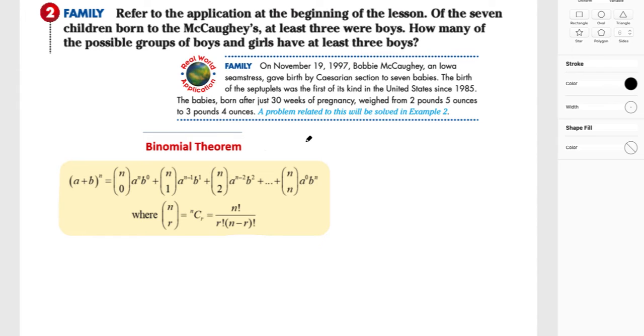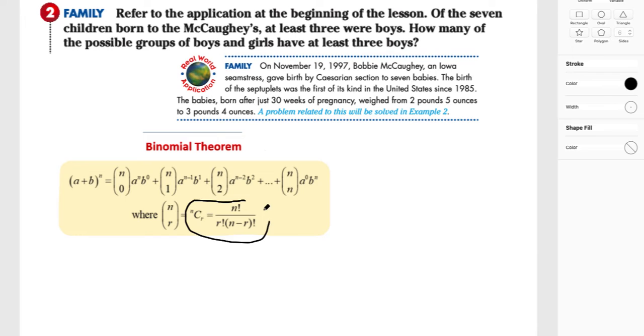Hopefully you see it, and you might not see how it relates to the binomial expansion very well. But what I'm going to do is talk about the binomial expansion away from Pascal's triangle, which is what the next example is going to be. And I'm going to talk about this counting principle right here.